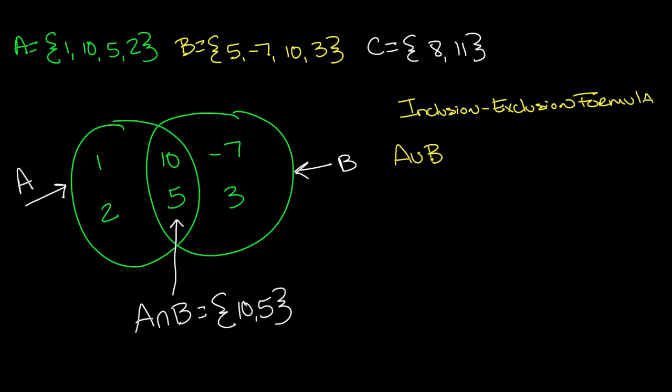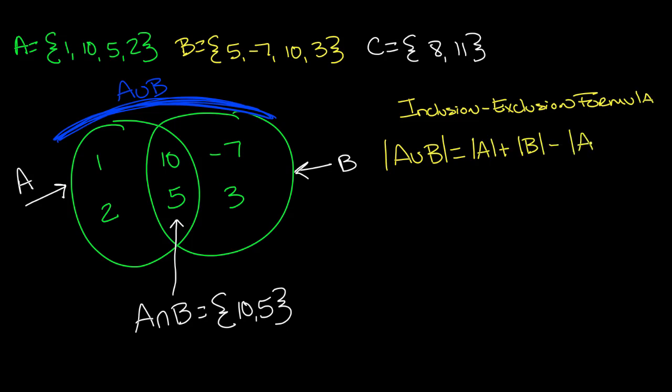It's the set of things which are in A or B. In terms of this picture, A union B is everything you see. That's in some sense the point. If A is a little ball and B is a little ball, A union B is just the union of the two. The inclusion-exclusion formula tells us that the cardinality of A union B, understood in terms of A and B, is equal to the cardinality of A plus the cardinality of B minus the cardinality of A intersect B.